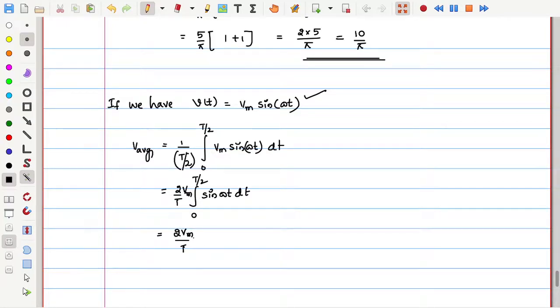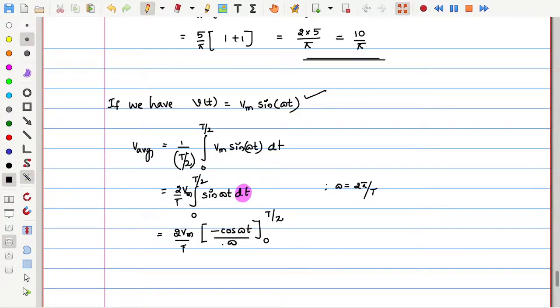Tell me how much we will get. You know that omega is equal to 2 pi by T. This I will substitute later. Here we get minus cos omega t from 0 to T by 2, and since the integration is with respect to t, I get omega in the denominator.